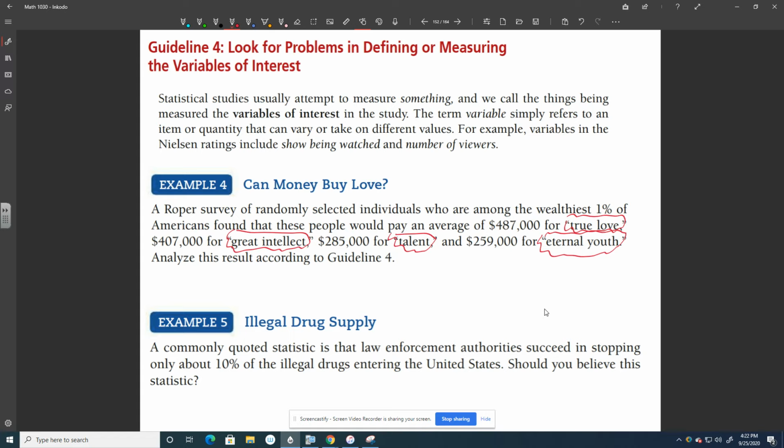So when you start looking at this study, we're talking about money. That's pretty easy to measure. But applying a value to something like true love, first of all, that's a hard thing to do. That's kind of what they're looking at, is how valuable is true love to someone with a whole bunch of money.